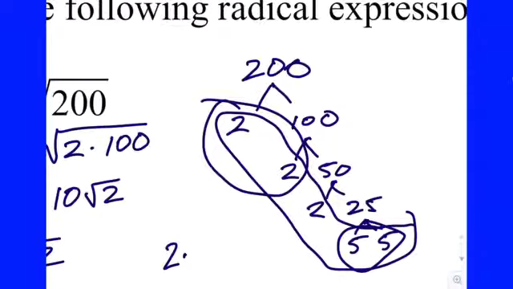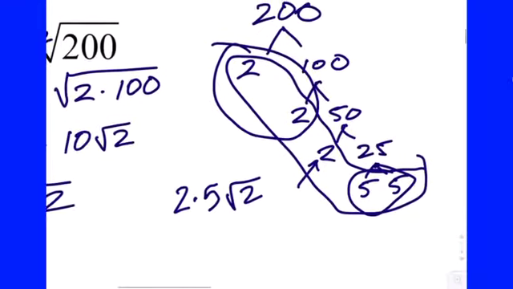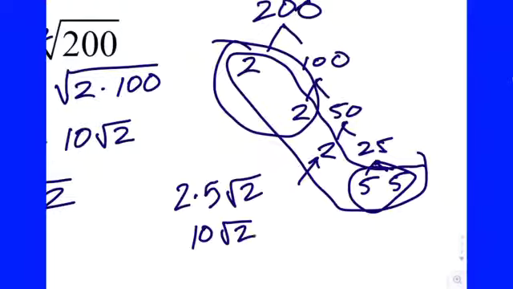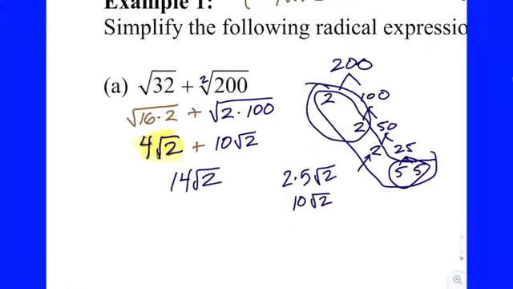I have a pair of 5's here, so I could bring one of those on the outside. And that's all that I can pair up. What's left? A 2. So he stays on the inside of the square root, and it becomes 10 square root of 2. So that's another way that you can find simplified radicals if you don't have something to go on to help you, like the first term there. Okay, so another way to do that.